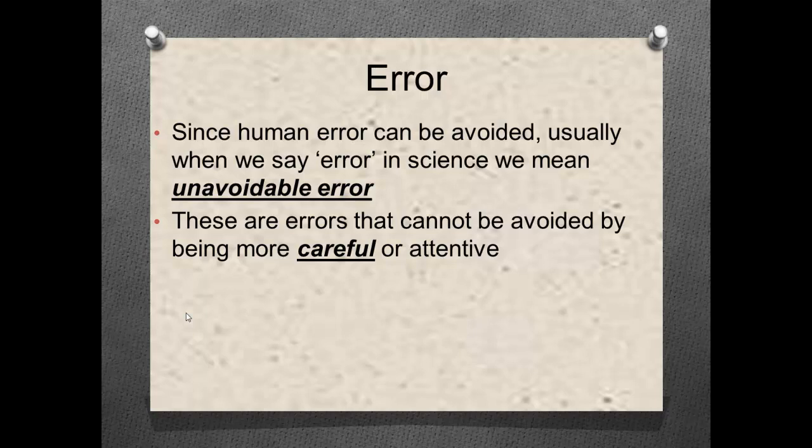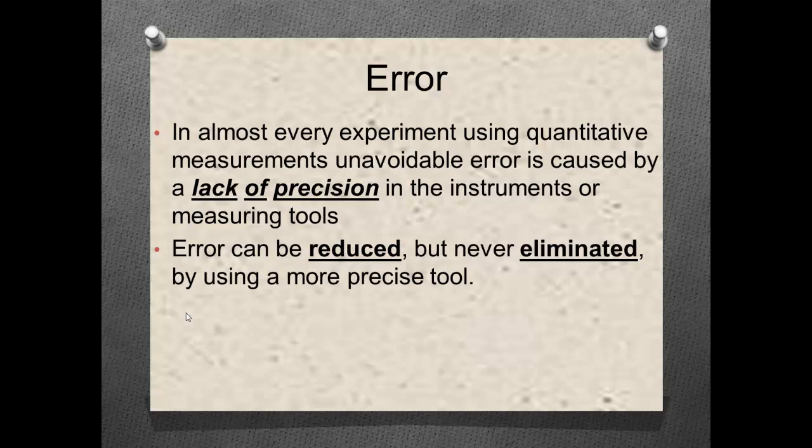But there's another type of error in science called unavoidable error, and that's error that cannot be avoided. These things happen whether you like it or not, and you can't reduce it by being more careful or attentive to the experiment, or by having people double check you. In almost every experiment using quantitative measurements, those are measurements with a number and a unit, unavoidable error is caused by a lack of precision in the instrument or measuring tools.